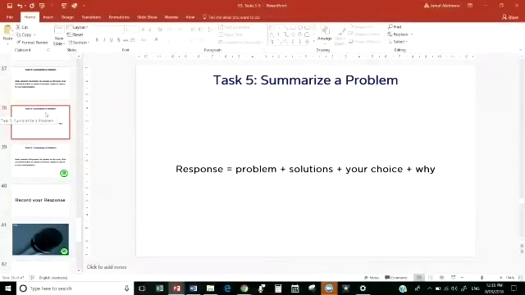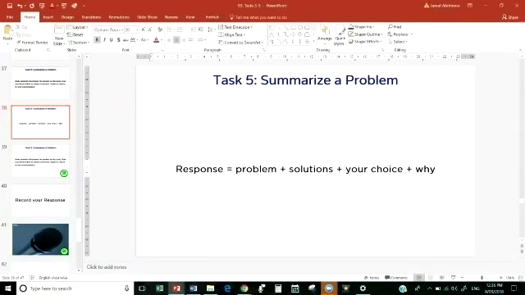Okay, note-taking strategies for task 5. Really you want to base your notes on these. You know that task 5 is about summarizing a problem. So as you listen, really listen for, okay, what's the problem? What are they talking about? And that's always stated at the beginning of the conversation.